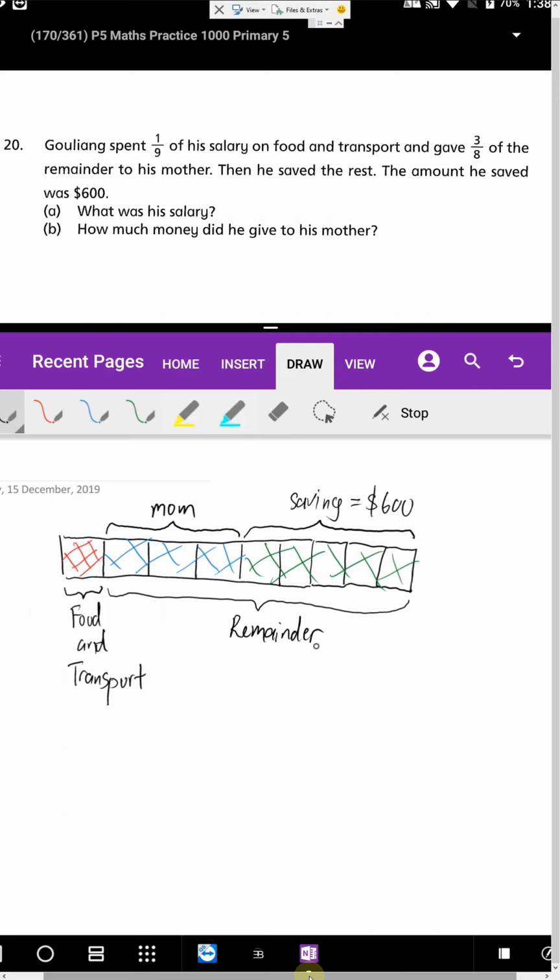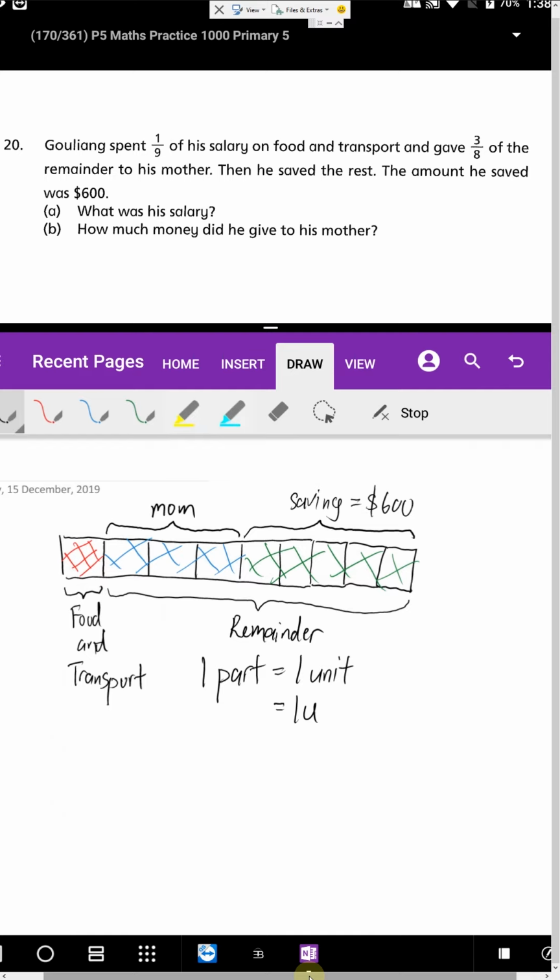Now we're gonna relate the parts that we talked about just now. This one part we can consider as 1 unit. And normally I will write it in short form, that is 1U. So when we talk about 1 unit or fraction or ratio, actually it's talking about the same thing.